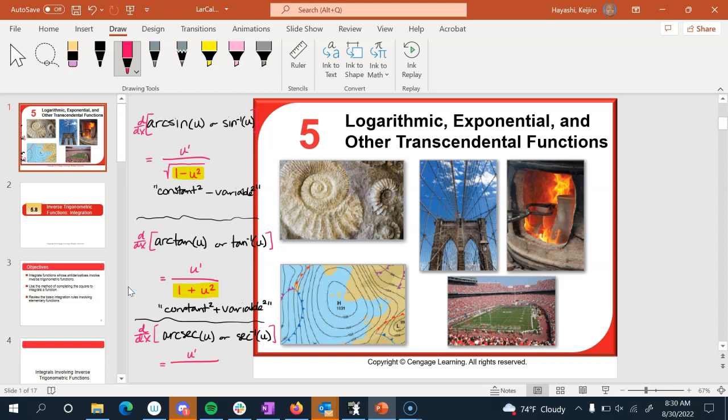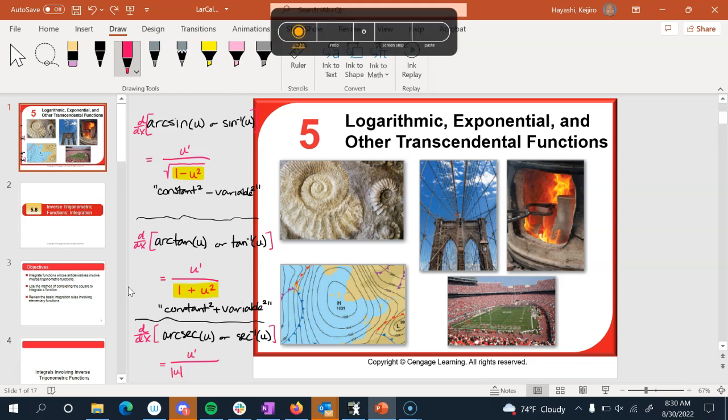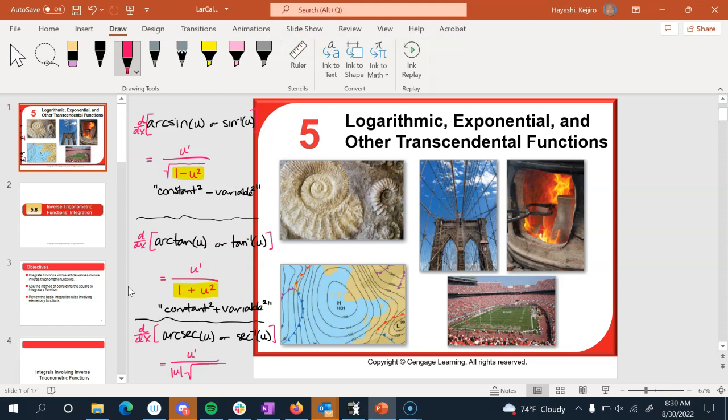But it's the weirdest because it's marked by an absolute value bar on the outside of a square root. So it's easily the most unique of these three. And underneath the square root, there is specifically a u squared minus 1 in that order. Not 1 minus u squared like the arcsine, but u squared minus 1.